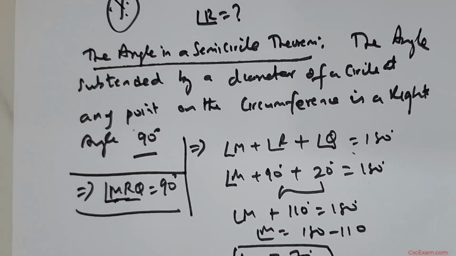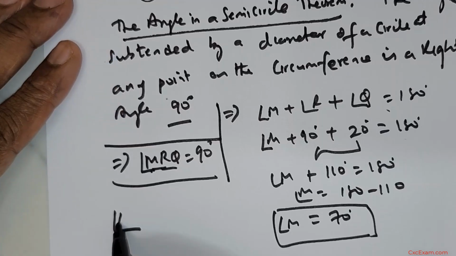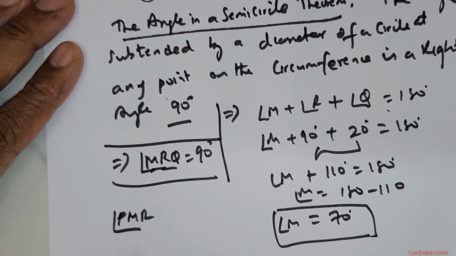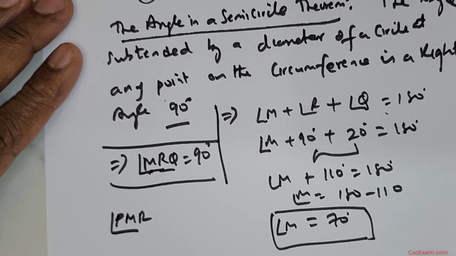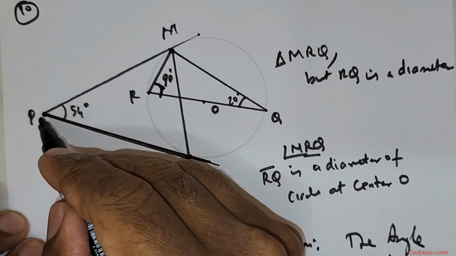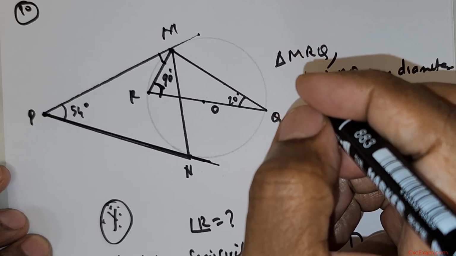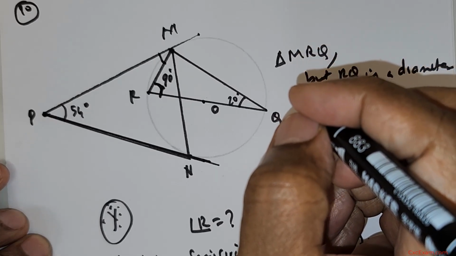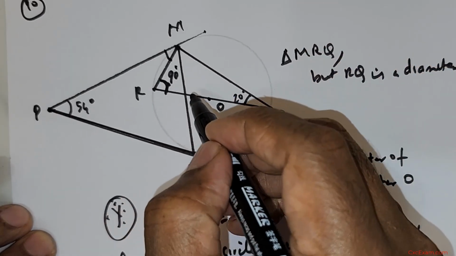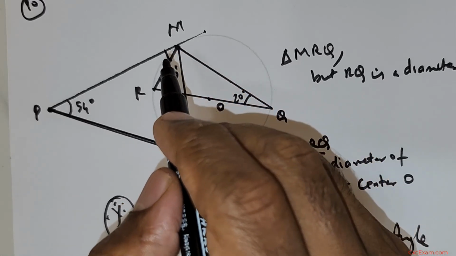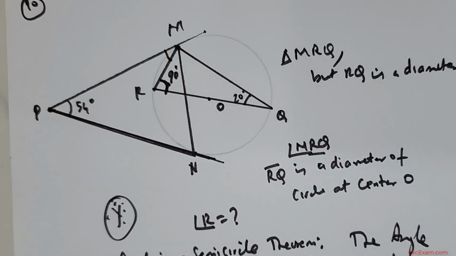What does this ask? Now we are asked to find angle PMR. Okay, PMR is over here. Now for this also we are going to utilize a theorem. Let me state the theorem.